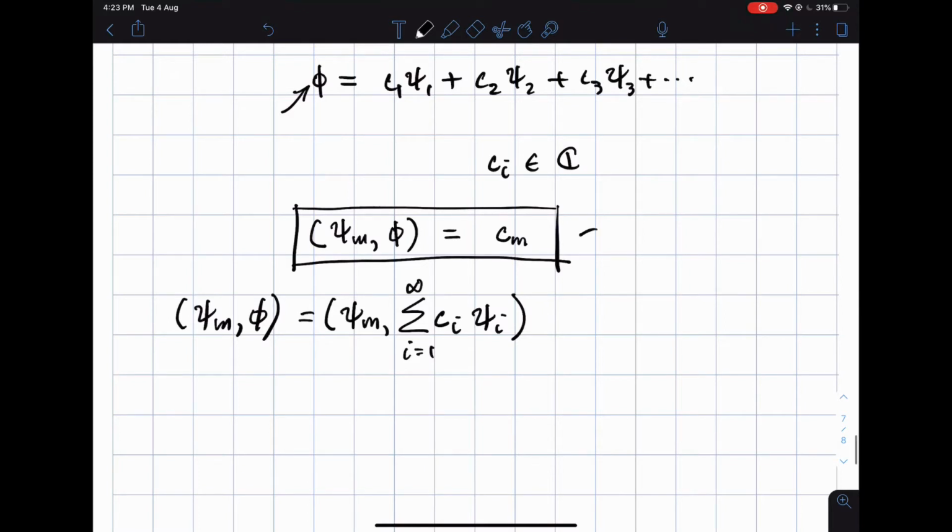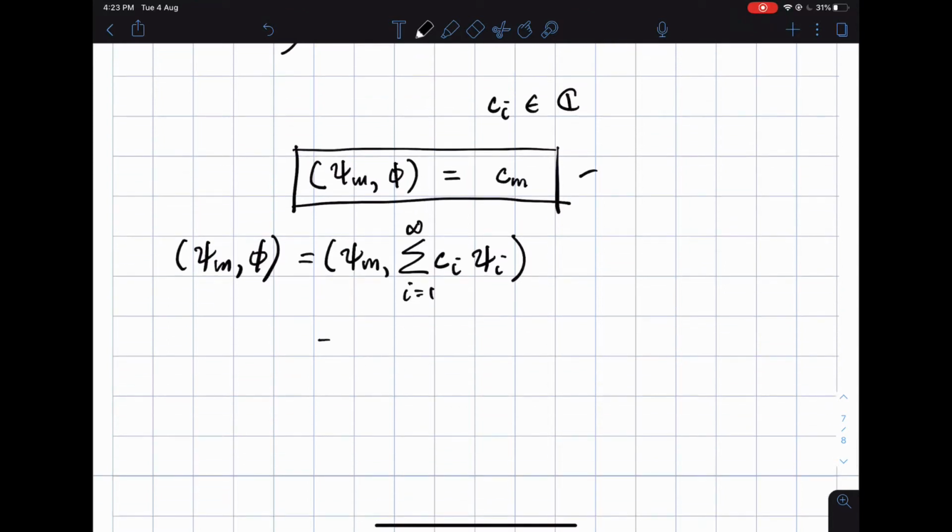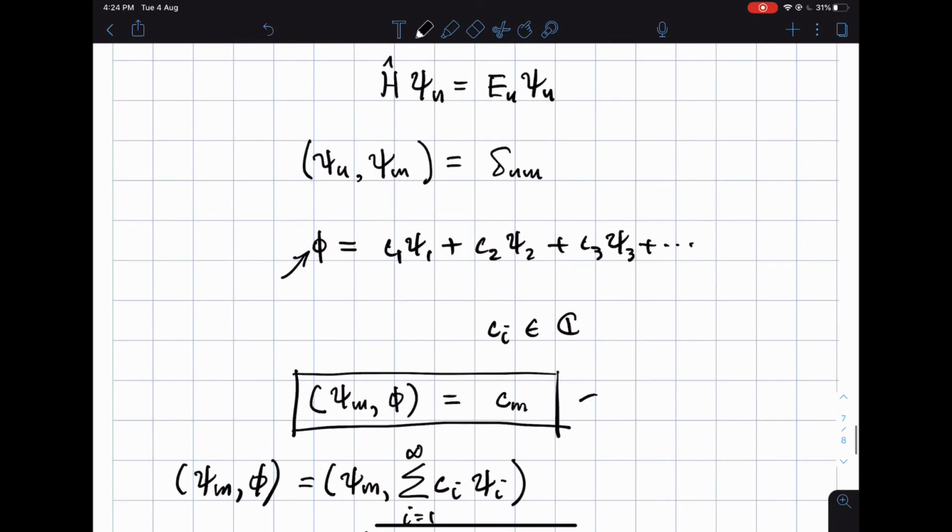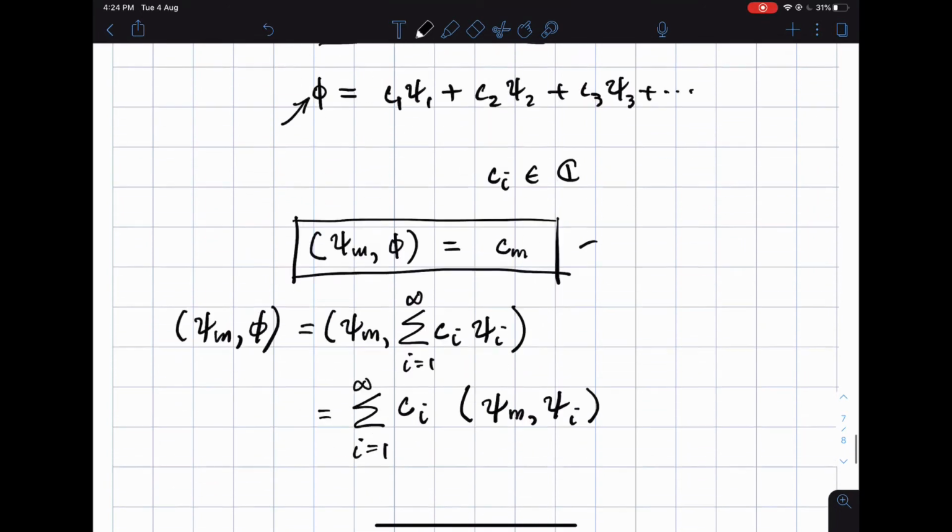Then we can take the summation out of the inner product. You should verify that you can do that because the Ci's are just constants. Inside the inner product, I have psi m and psi i. But these have been normalized and they're orthonormal, so they satisfy this equation.